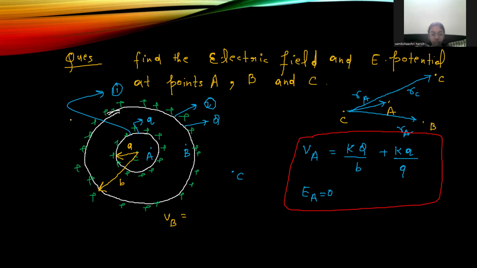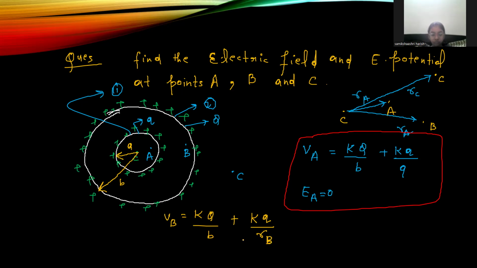Since it is inside the outer sphere, the potential due to the outer sphere will be KQ by B, plus for the inner sphere, this point B is an outside point. So here the potential will be Kq by RB. Clear? Any doubt?